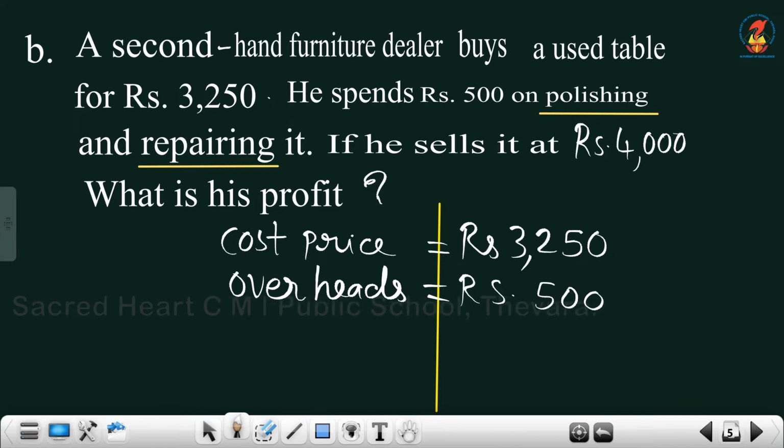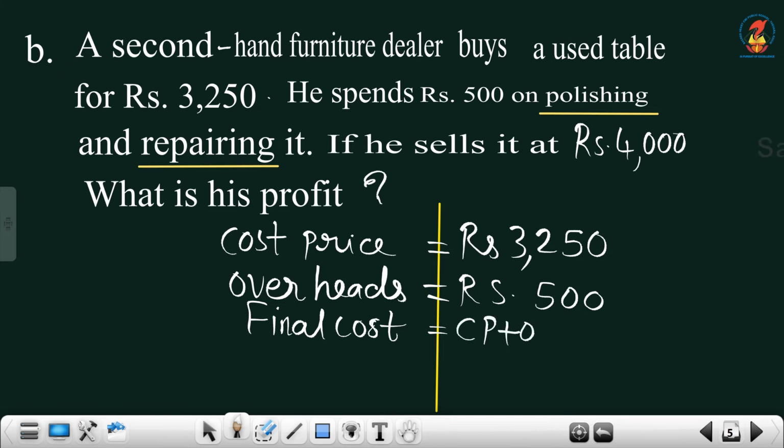500. Okay. And after that, if overheads come, one new term will come. That term is called what? Final cost. Final cost is CP plus overheads. How much is the rupees?